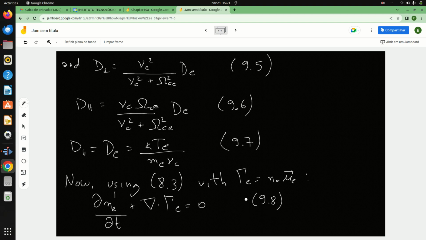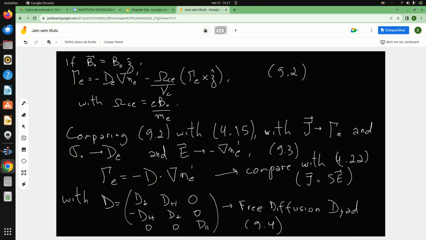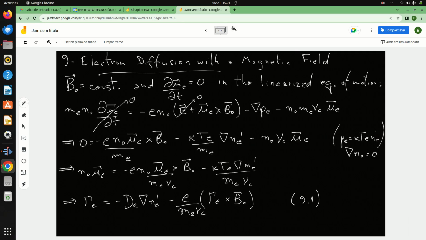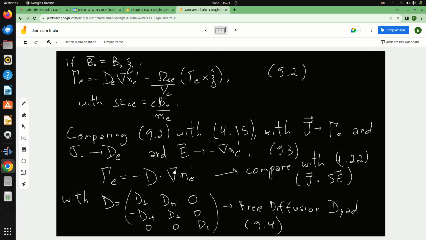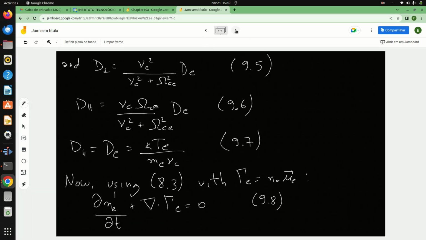I'm using 9.3 for gamma because we had two expressions for gamma E, right? This is not 9.3. 9.3 is actually this one, right? Okay, so we have gamma E, which is also minus D dot gradient of n.